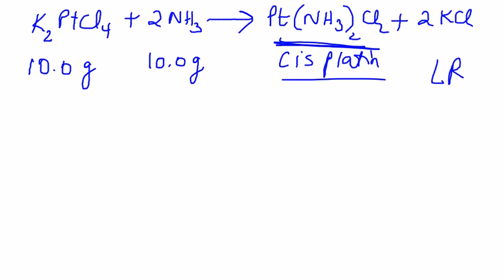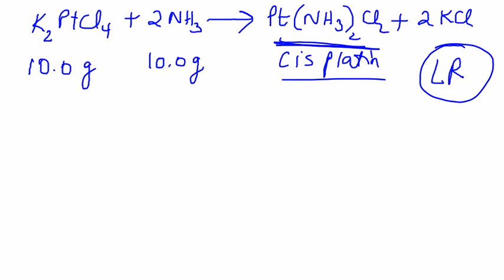So what is the limiting reactant? Is it potassium tetrachloroplatinate or is it ammonia? Which one of the two is the limiting reactant? And then it goes on to ask how many grams of the excess reagent are consumed and how many grams of cisplatin are formed. So realize that in this case I have already given you the molar masses.